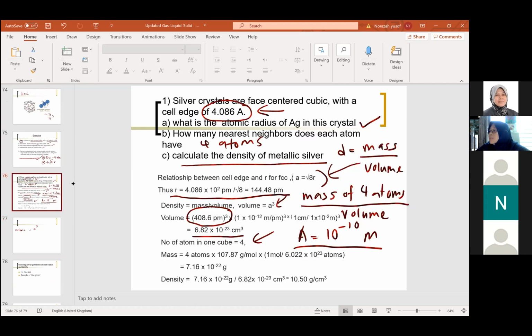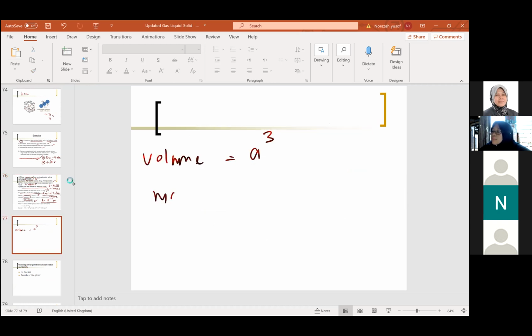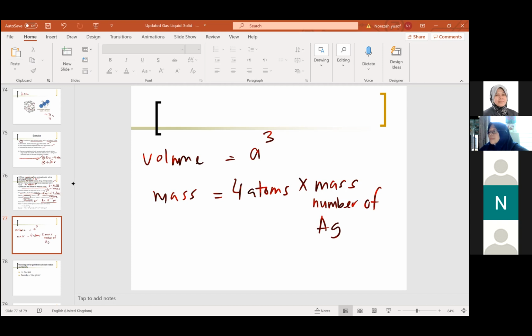The next one that we need to calculate is the mass of 4 atoms. The mass means 4 atoms times the mass number of silver, and you have to divide by Avogadro number. Why?